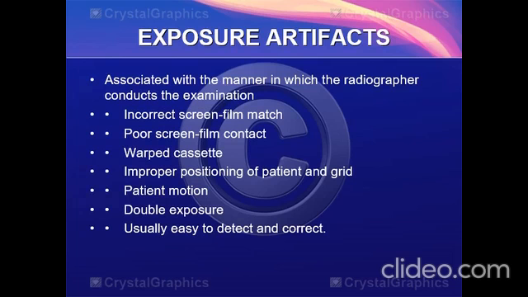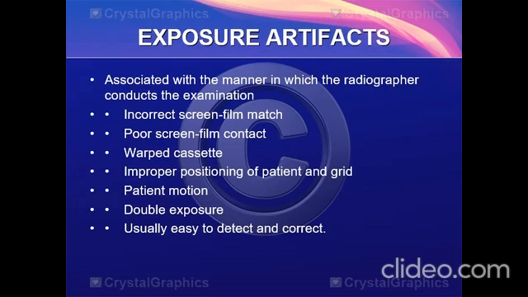Another one is improper positioning of patient and grid. So, this is true way back, so before pa, because we are using grid separately. But today, we can avail a cassette which has already a grid.